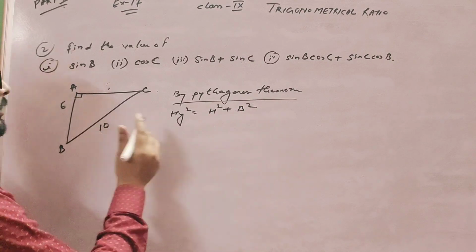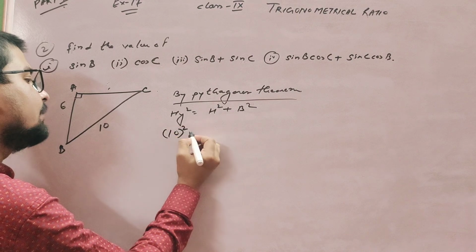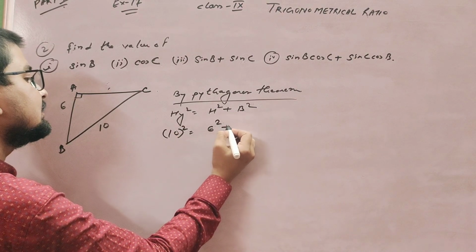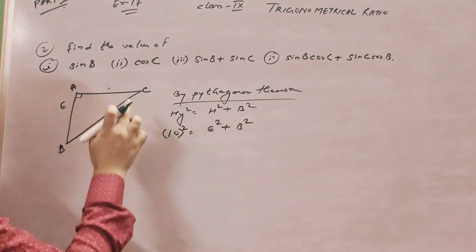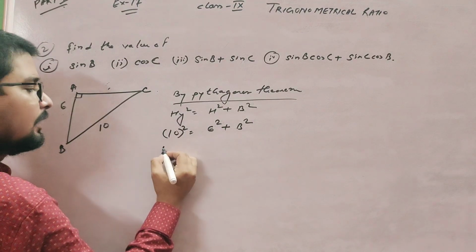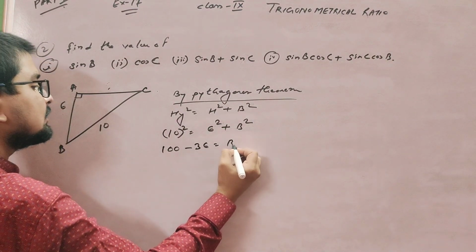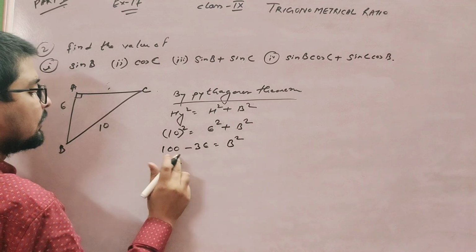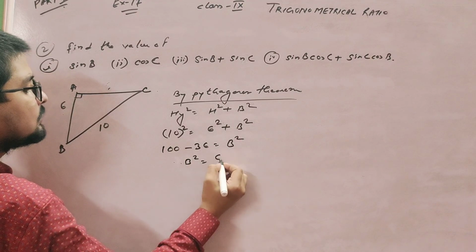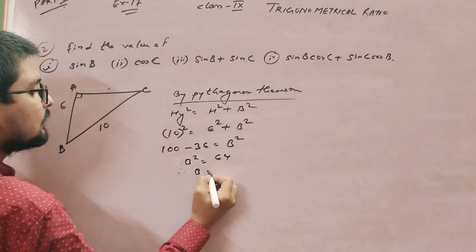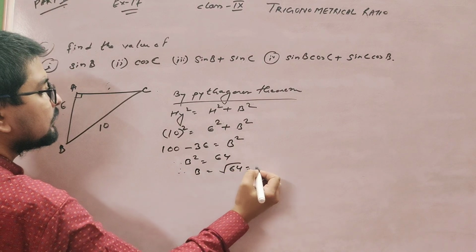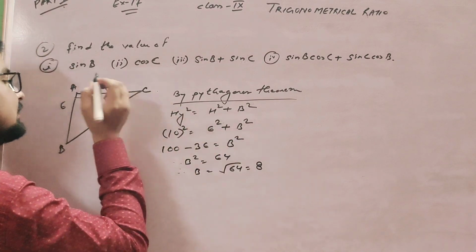So in place of hypotenuse write 10 square equals, in place of height 6 square, and base is not given. We consider this one as base. 10 square is 100 minus 6 square is 36 equals base square. Base square equals 64, therefore base equals root under 64, that is 8. So this one is 8.